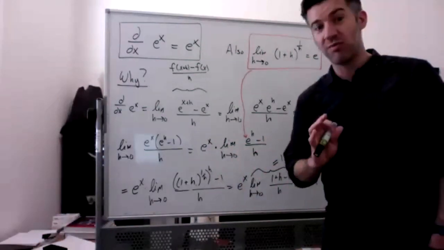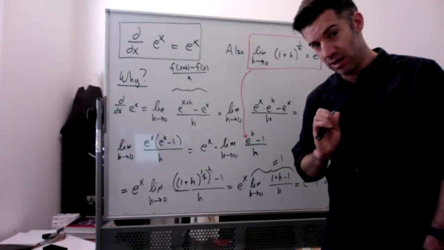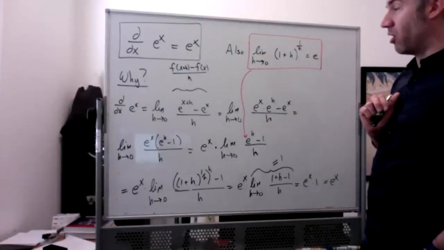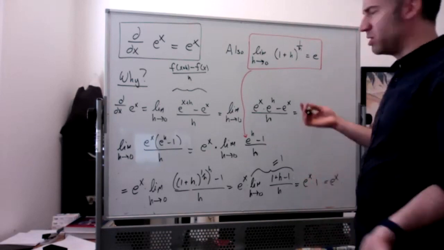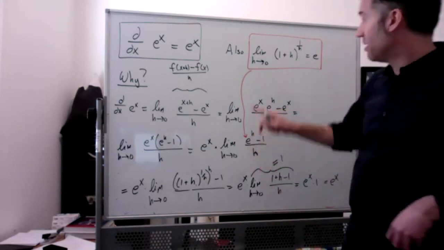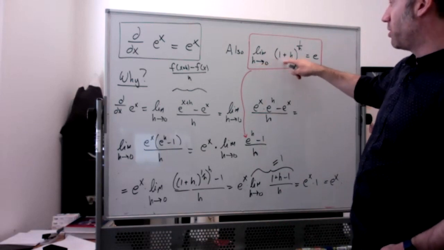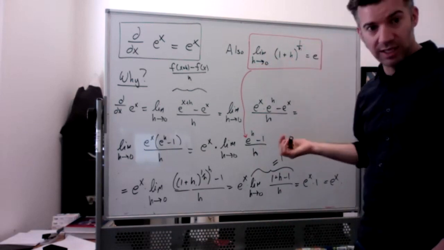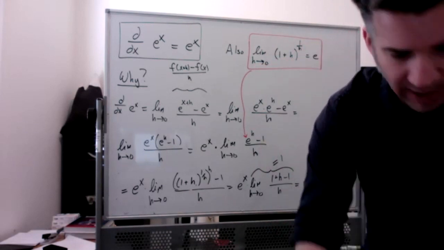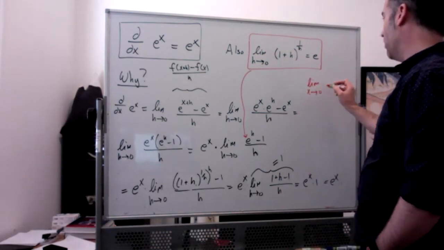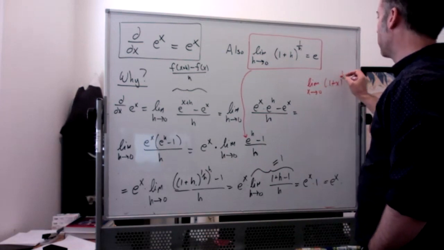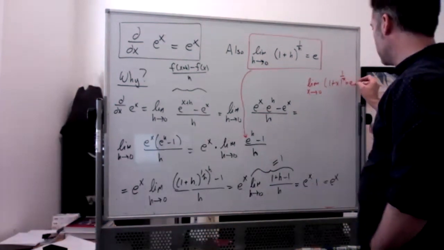And here's where we do something super sneaky. I know, and we've talked about this before, the limit as h goes to 0 of (1 plus h) to the 1 over h is equal to e. Before, in class the other day, we said the limit as x goes to 0 of (1 plus x) to the 1 over x is equal to e.